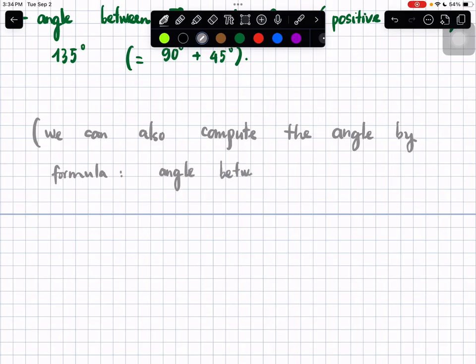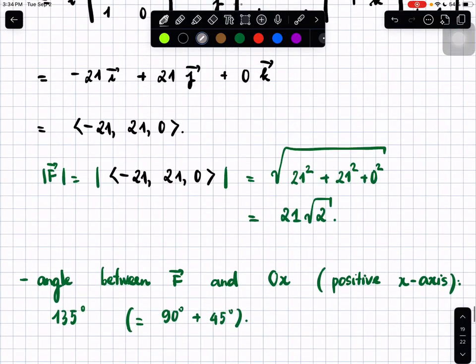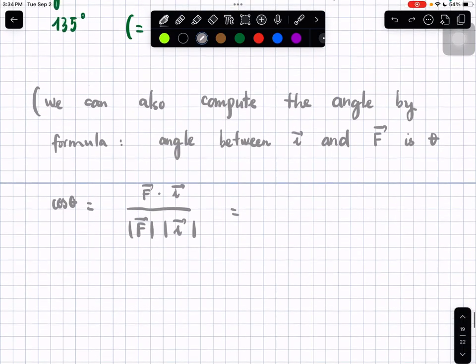The angle between I and vector F is theta. Cosine of theta is the dot product F dot I divided by the length of F times the length of I. F is the vector minus 21, 21, 0, and I is 1, 0, 0.